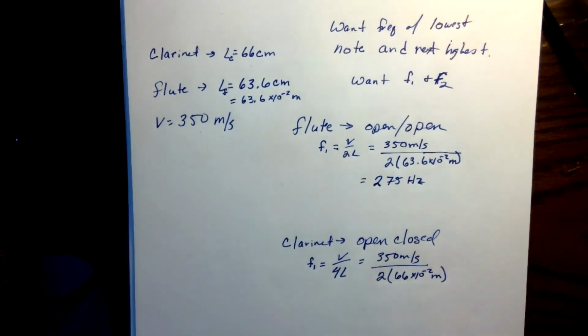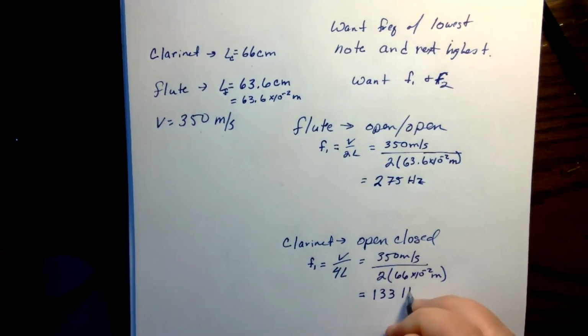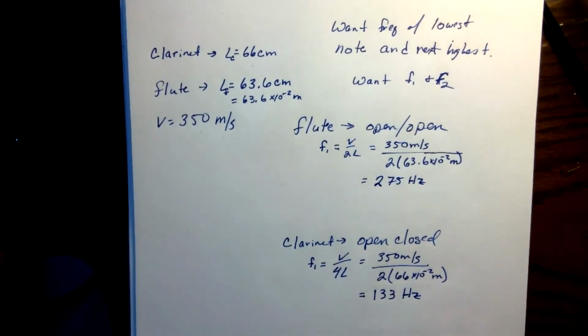So do your unit conversions. Go ahead and work that one out. When you're ready, restart the video. I got 133 hertz. So you notice the clarinet is about the same length as a flute, but your fundamental frequency is about half of what your flute is.